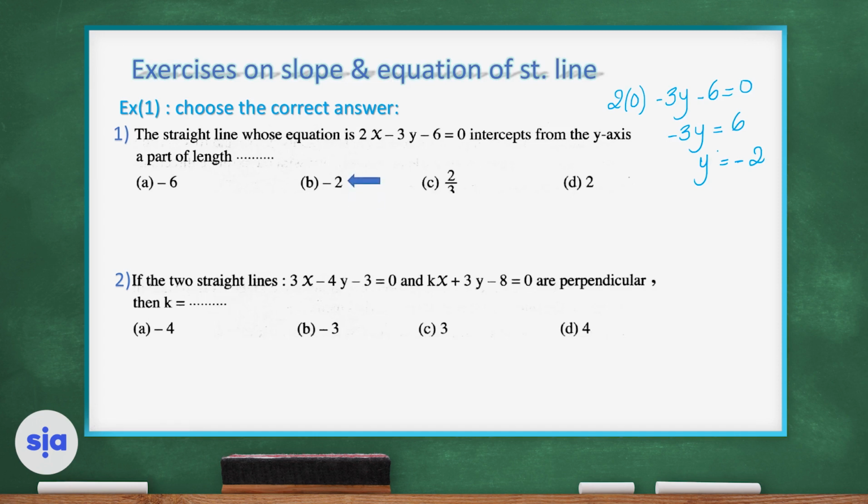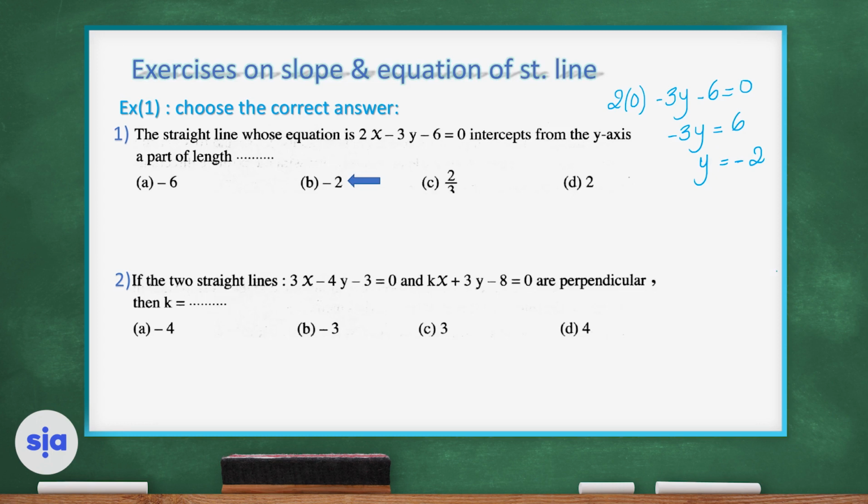In question 2, the question says, if the two straight lines 3x minus 4y minus 3 equals 0 and kx plus 3y minus 8 equals 0 are perpendicular, then what is the value of k?